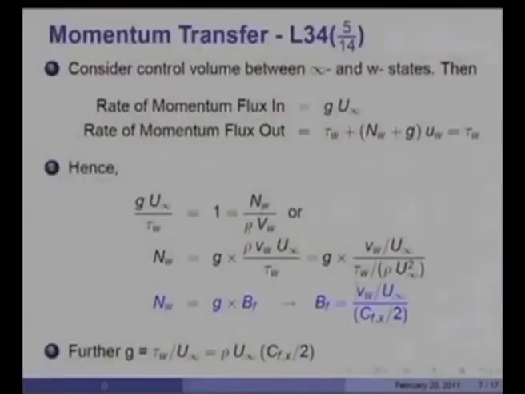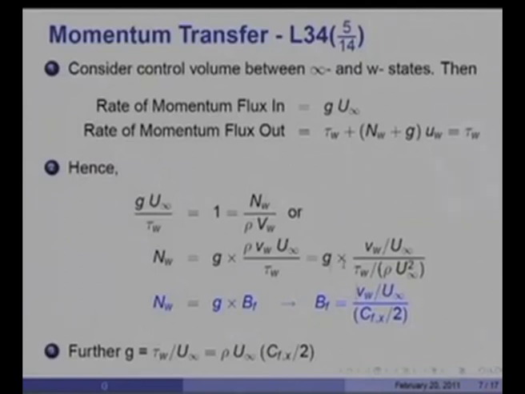therefore, G U infinity divided by tau wall would equal 1 and N W divided by rho times V W. Yes. So, what I have done here is 1 is equal to N W itself is rho V W. So, I am replacing 1 by N W by V W, or N W can be written as G times rho V W U infinity by tau wall.